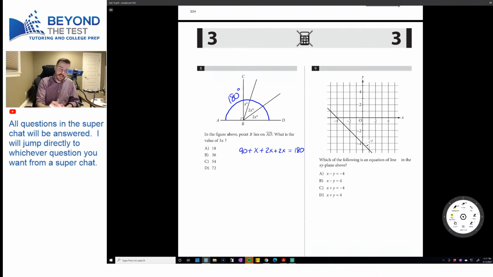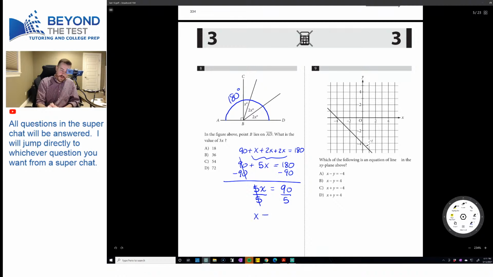So now we can just go ahead and solve for x. So 1x plus 2x plus 2x, that's going to be 5x plus the 90 equals 180. And then very simply here, we'll just subtract off the 90. So we get 90 is equal to 5x. Okay, and then we'll just simply divide by 5.